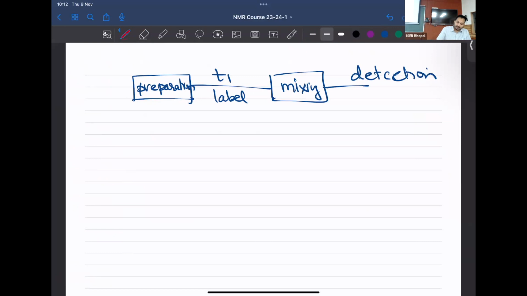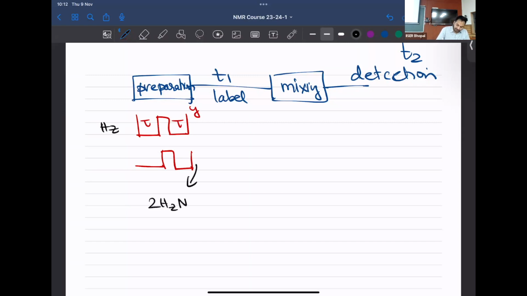You can go back and recollect what we did for the HSQC. In the HSQC, the preparation phase is the INEPT part, meaning that you started from HZ and you are able to successfully prepare an HZ-NY state. This is preparing the system in the coherence that you want it to be prepared in.